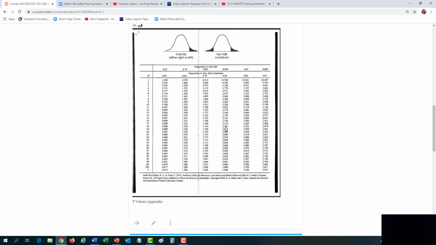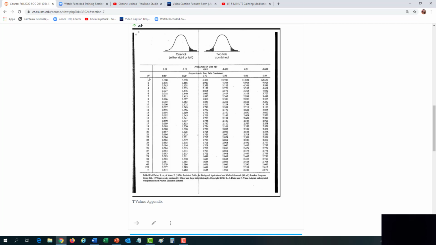Okay, remember the formula for degrees of freedom is n of x plus n of y minus 2. And both n's are equal to 10. So 10 plus 10 is 20, minus 2 is 18.